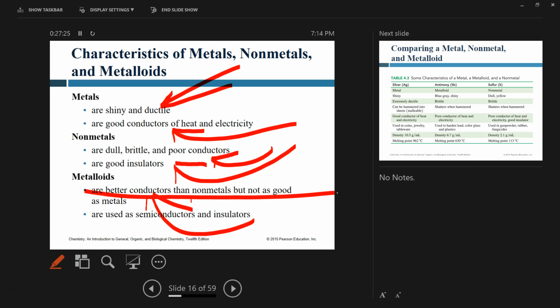Now, this brings us to solid state physics, which I don't want to talk about. Basically, let me put it this way. If you see a wire, this wire is made of metal. That makes sense? If you see an insulator, have you seen insulators? The power lines. Ceramic. Ceramics are non-metals.